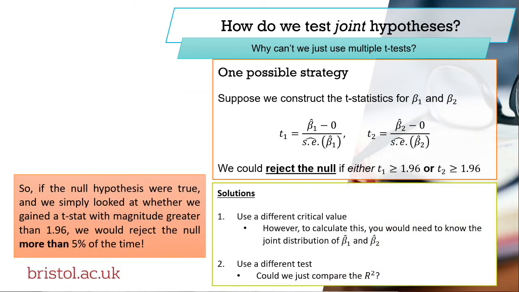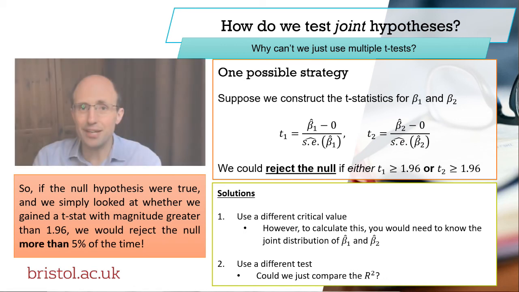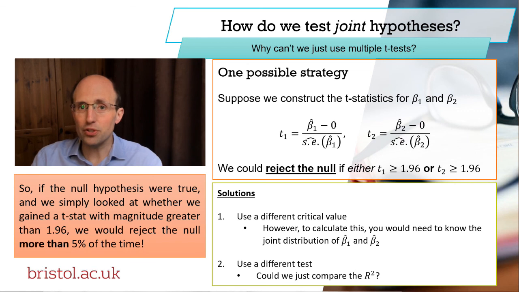So there are a number of solutions. One solution might be to try and construct a different set of critical values. But in order to do that, we'd need to know precisely the joint distribution of beta 1 hat and beta 2 hat. And that's going to change depending on the relationship that you're estimating. So an easier solution might be to examine the R-squareds.